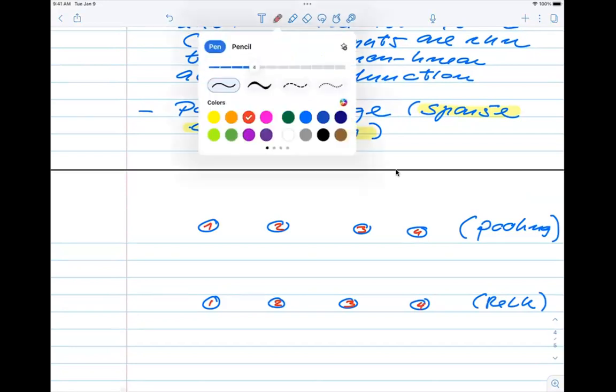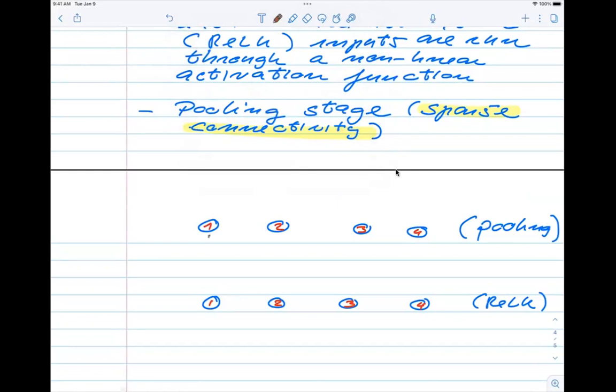With sparse connectivity, not all the nodes in the input layer, which in this case is the output from the ReLU function, are connected with the next layer. In a standard feed-forward neural network, you would have dense connectivity, which means that all the nodes in the previous layer are connected with all the nodes in the next layer.